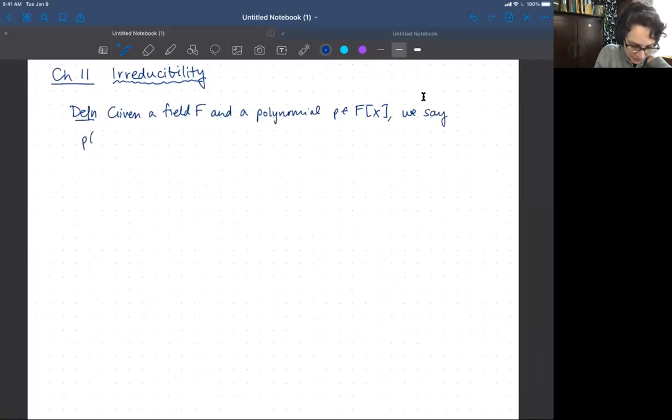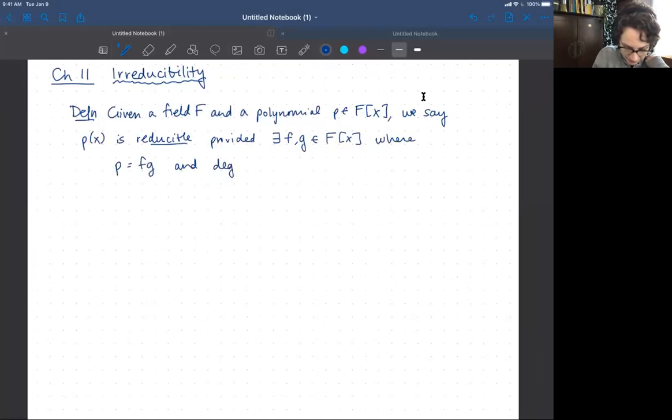We say P of X is reducible, provided there exist F and G polynomials in F bracket X, where P equals FG, and the degree of F is strictly less than the degree of P, and the degree of G is strictly less than the degree of P.